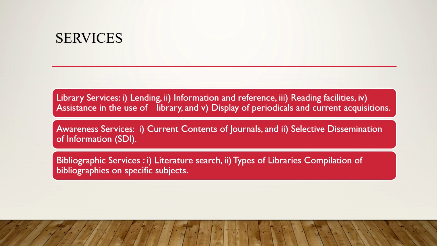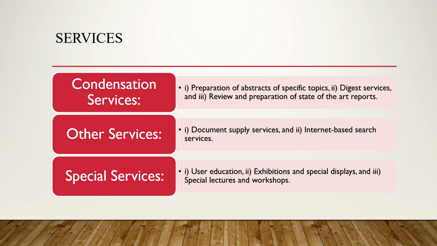University libraries provide a wider variety of services. This includes lending services, reference services, reading room facility, library orientation, display of new books and journals, current awareness services, selective dissemination of information, commonly called SDI, literature searching, preparation of bibliography, fact service, digest service, preparation of state of the art report, document delivery services, internet-based searching, user education program, library exhibition, workshops and lectures.